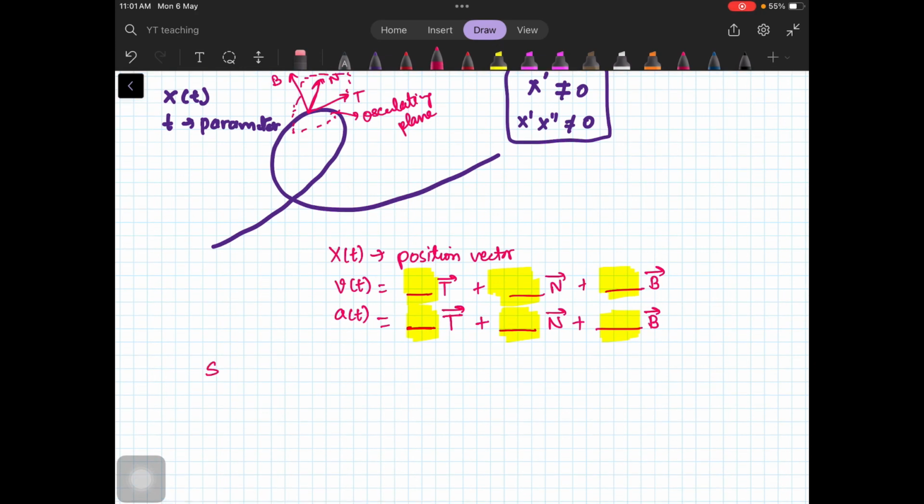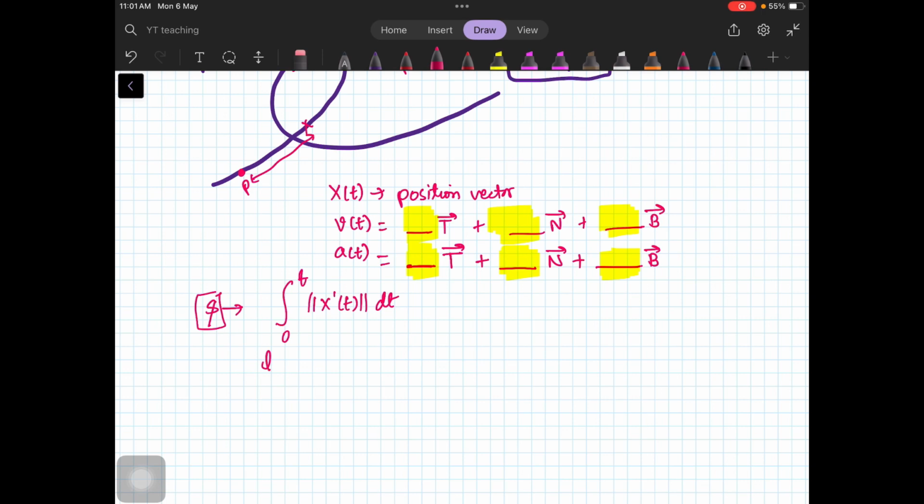Before that, you must remember this fellow s, which is our favorite parameter. s was defined as follows: you fix a point p, and then at any point the length from p to that point is your s. So basically we start from 0, and we have the integral from 0 to t of the modulus of x prime t dt as our s parameter, and we know that ds by dt is nothing but this modulus of x prime t.